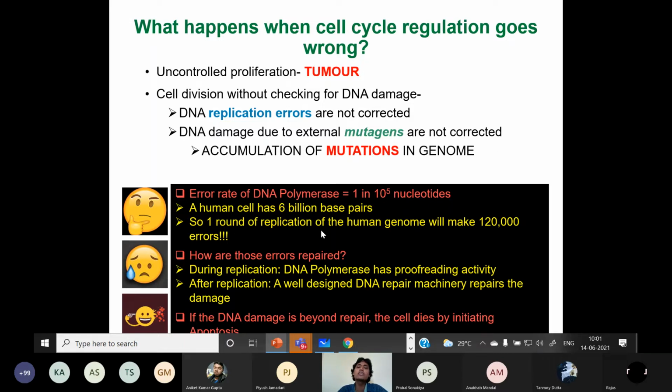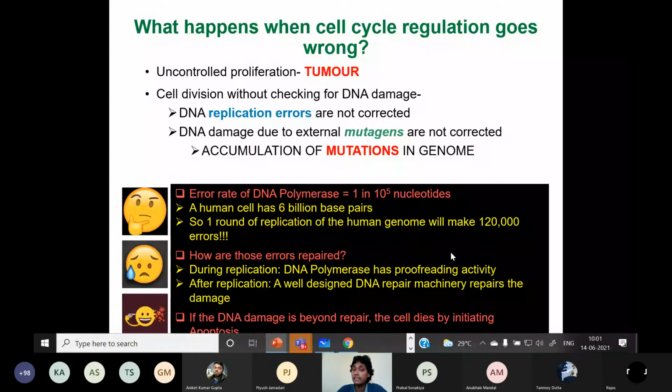Here you will see a calculation: the error rate of DNA polymerase, that means when it synthesizes DNA, is 1 in 10 to the power 5 nucleotides. While DNA polymerase is replicating our DNA, the error rate is 1 per 10 to the power 5 nucleotides. And a human diploid cell has 6 billion base pairs, as I told you before. So one round of replication of the human genome will make that many errors. But then everything would be an error, right? That is not going to happen. Why?